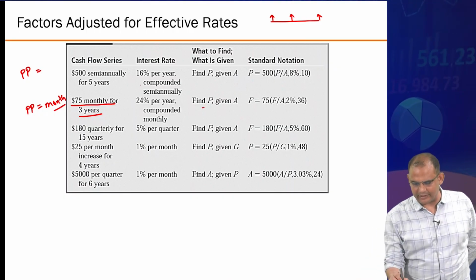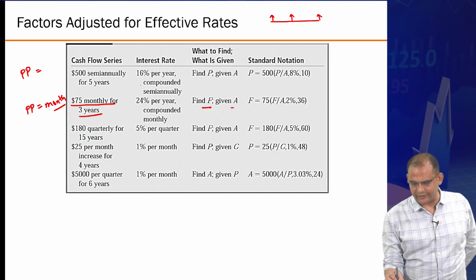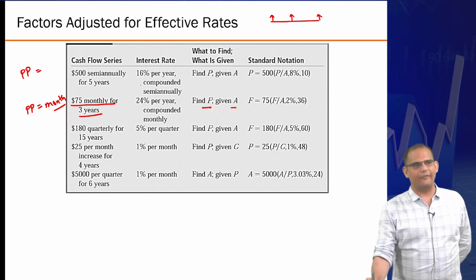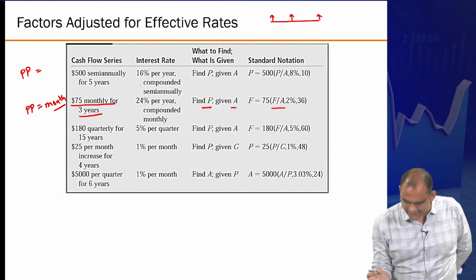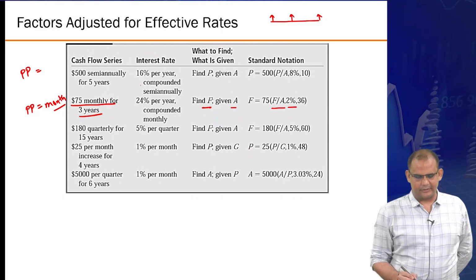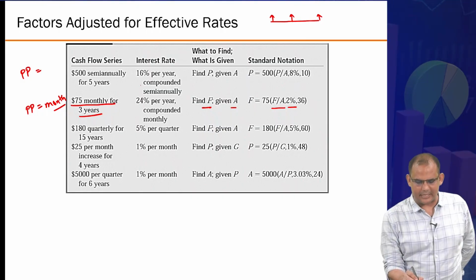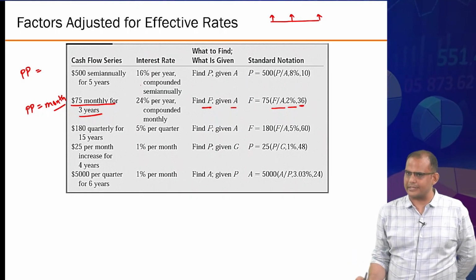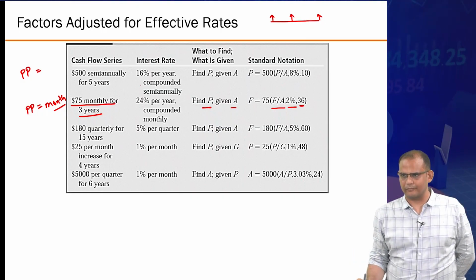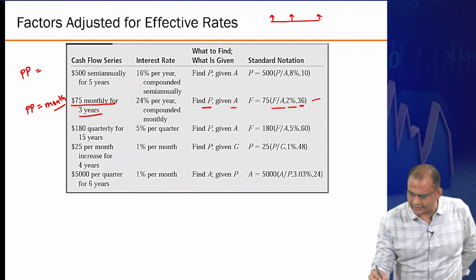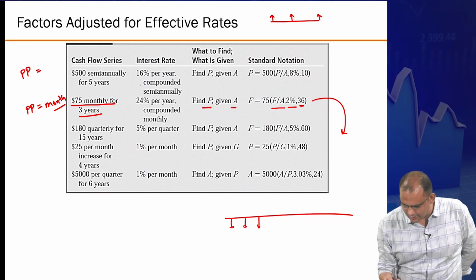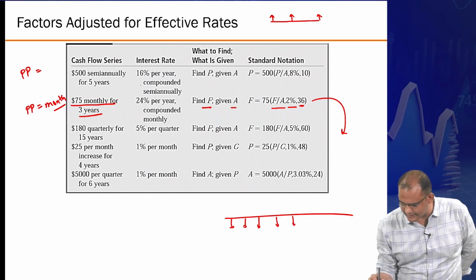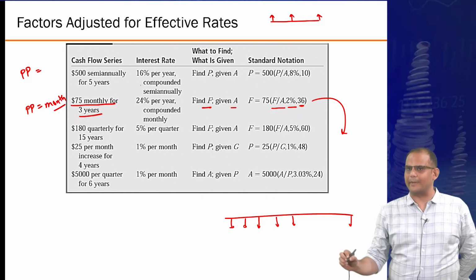You have to find F, you have been given A. So what is the formula? A by F formula? No, F by A formula, 2% and a total of 36 months in 3 years, you can use this. Making sense? What is this formula effectively doing? For each month, for 36 months, you will have equal payments.